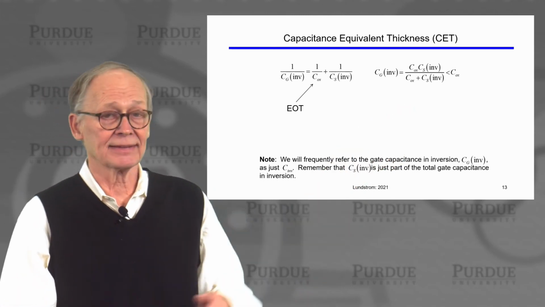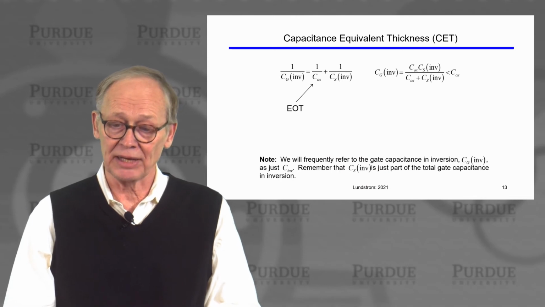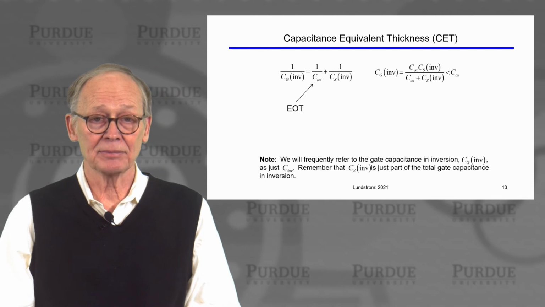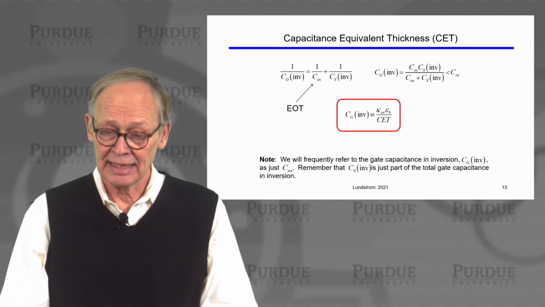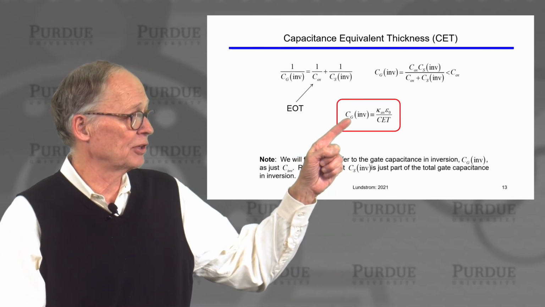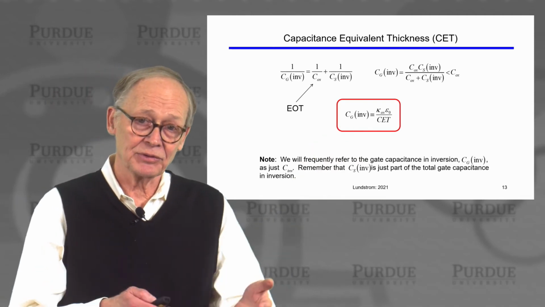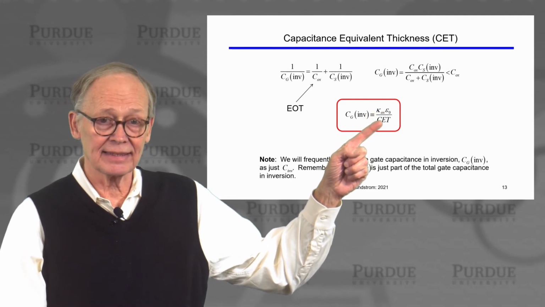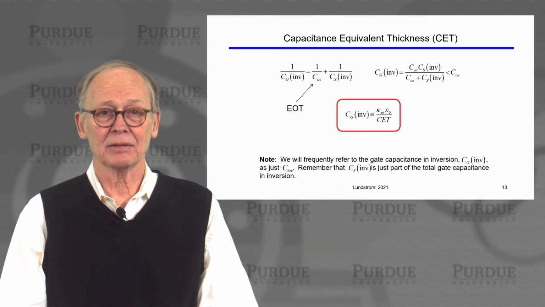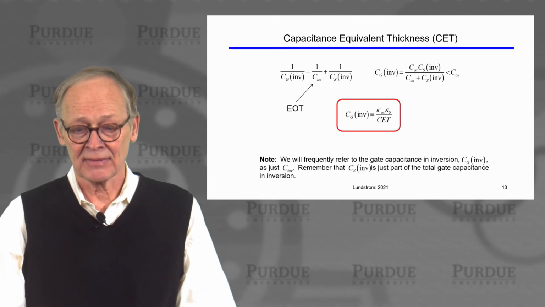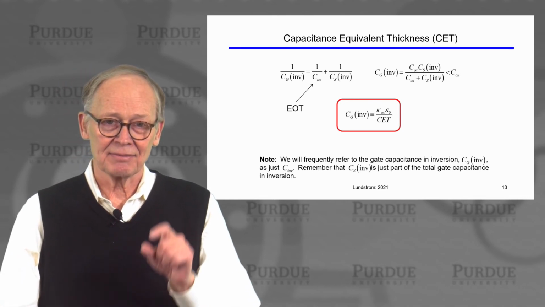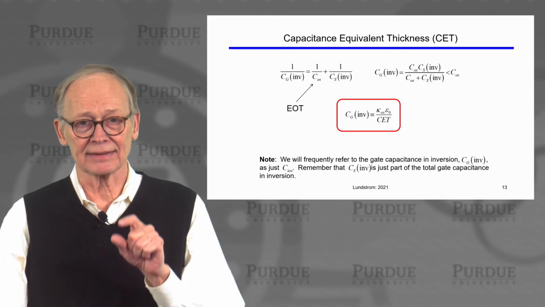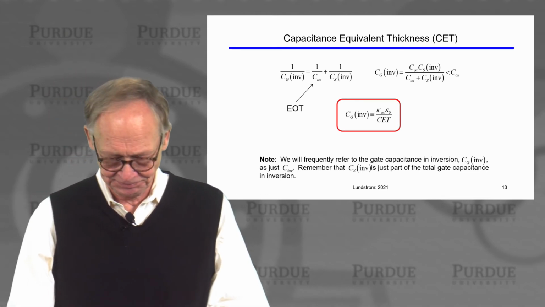The total capacitance is the series combination of those two capacitors, the semiconductor capacitance in inversion, and the oxide capacitance, and that's a little less than Cox. And we simply equate that measured capacitance, again, referencing back to SiO2, to the dielectric constant of oxide divided by some capacitance equivalent thickness. So this is the equivalent thickness of SiO2 that would give us the measured capacitance of this more complex system.